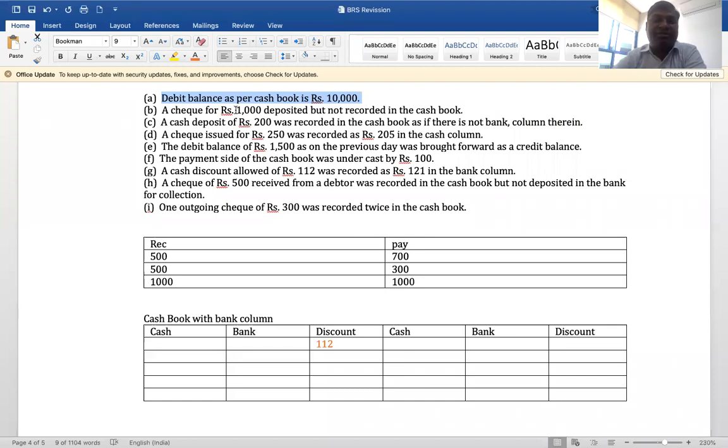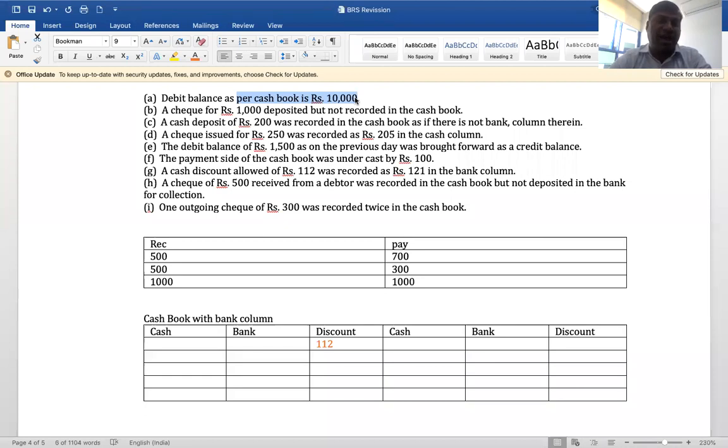If you're starting your solution with the balance as per cash book, what do you have to do? I'm asking everybody, not just Kapish, not just Miss Mittal.